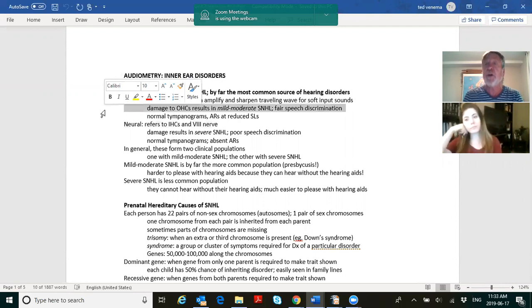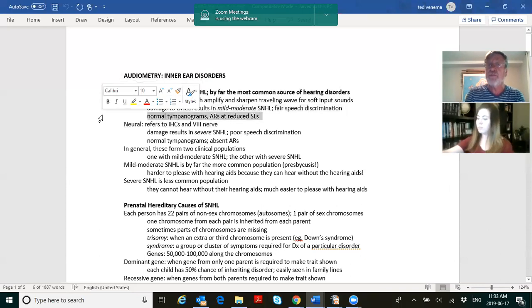The outer hair cells, we said last semester, sharpen and amplify the peaks of the traveling waves. So damage to outer hair cells results in a mild to moderate hearing loss. You'll have normal tympanograms, all right, because there's nothing wrong with the middle ear.